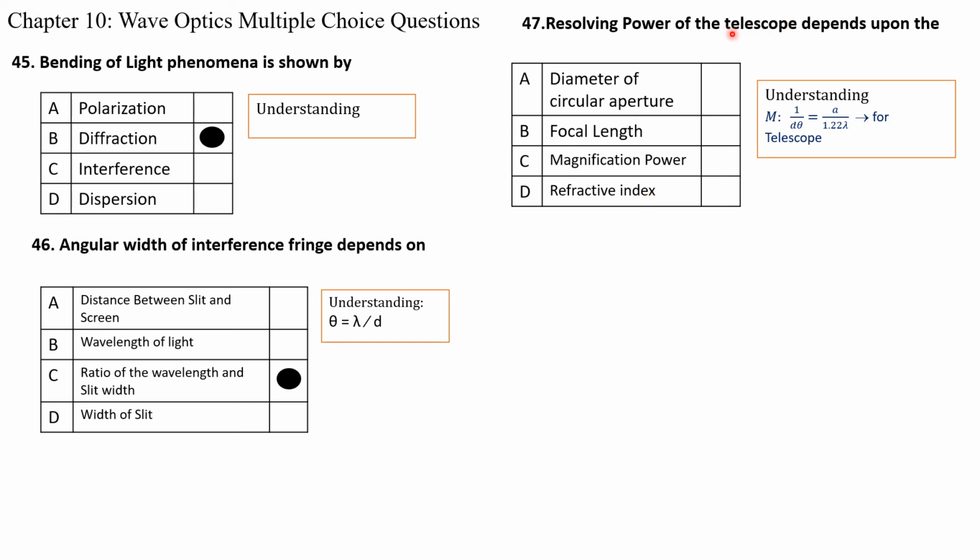Please underline telescope. The formula is capital M is equal to 1 over d theta, that is also given by a over 1.22 lambda, where lambda is the wavelength for telescope. So the magnification M depends upon the diameter of the circular aperture.